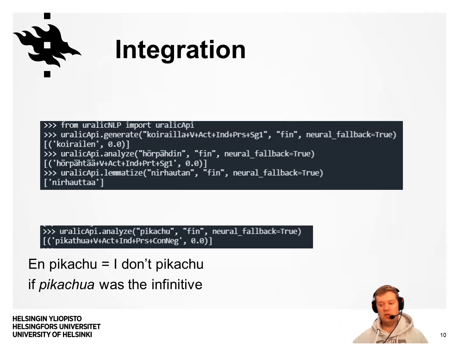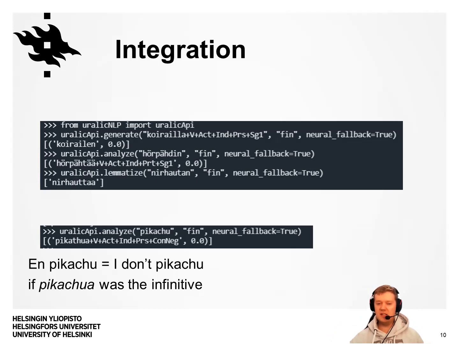However, the lemma is wrong here, which highlights the other problem: how we train these. We train these with dictionary words for Finnish, with the Finnish morphological analyzer, but Pikachu is a foreign word, and it has the CH combination that no Finnish word would have.